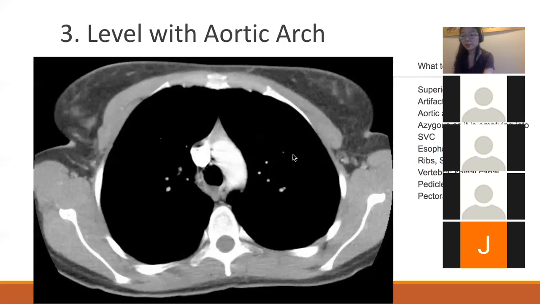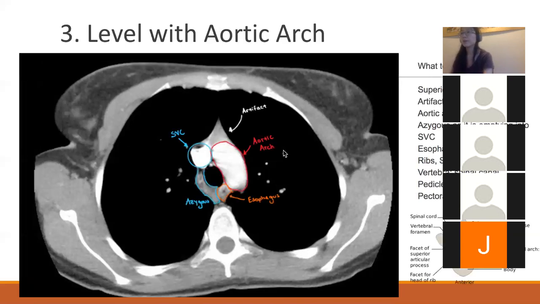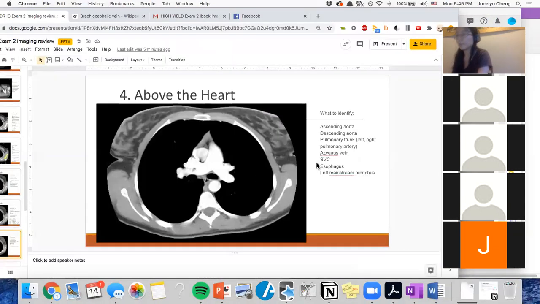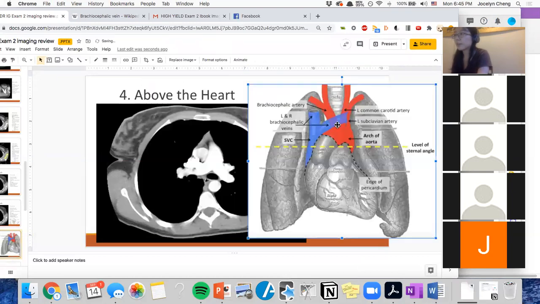And I think those are all the points on this level, so we can keep on going further down in the heart. Okay, so now we are just above the heart. How can we tell that we're just above the heart? We can tell because of the presence of these major arteries right here, right? I like this picture quite a bit, so I'm going to put this picture back.